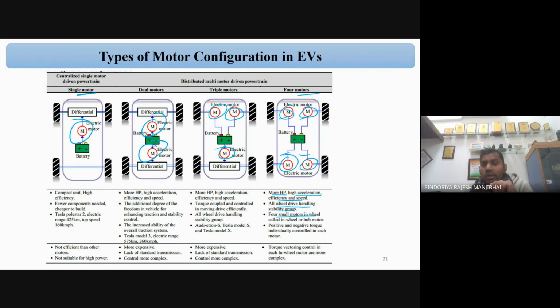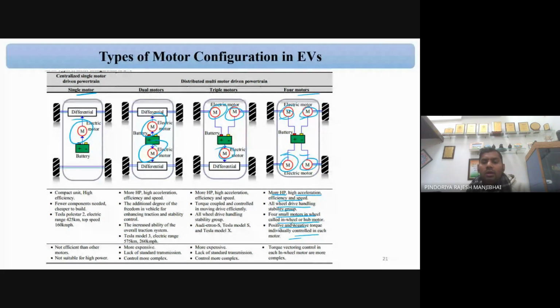A small motor in the wheel is called an in-wheel motor or hub motor. Nowadays the common terminology in electric vehicles is the hub motor, which means every wheel has a single motor. Positive and negative torque is individually controlled in each motor. We can control positive and negative torque, the four-quadrant operation of the electric motor that we already studied in the first unit.